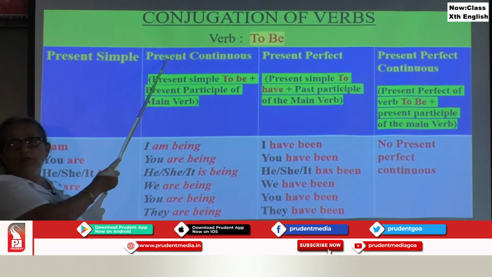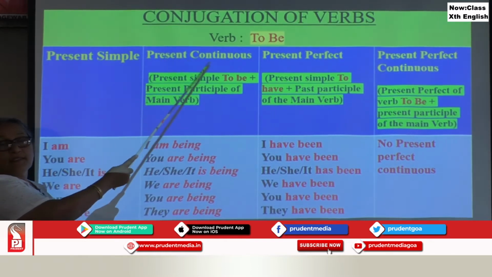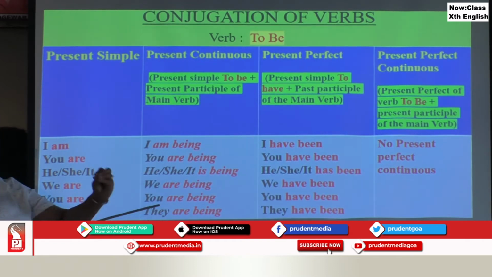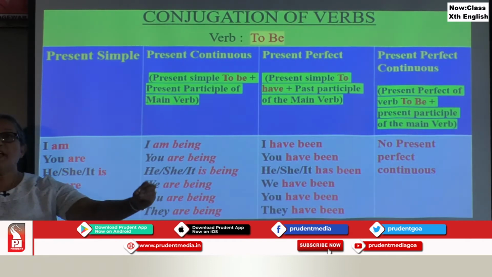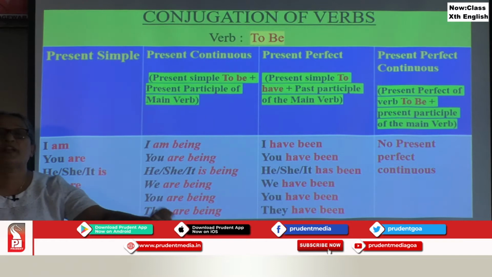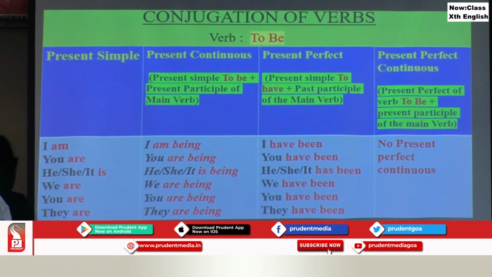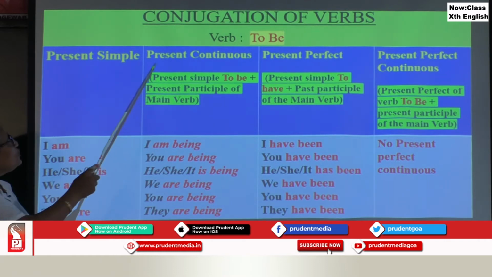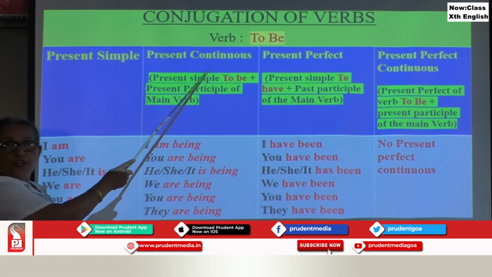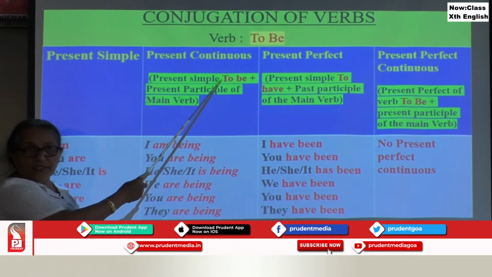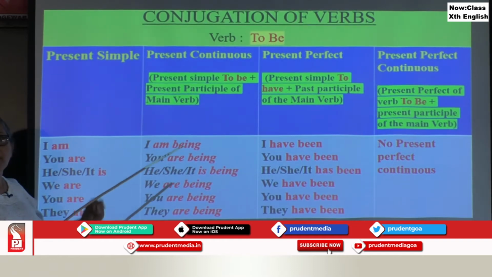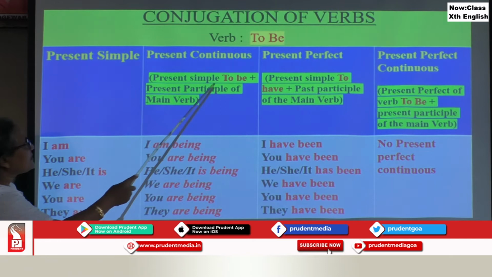What is the formula for present continuous? The word continuous tells you that the action is progressive. To change the form of the verb in present continuous, we need the help of a helping verb, that is to be.